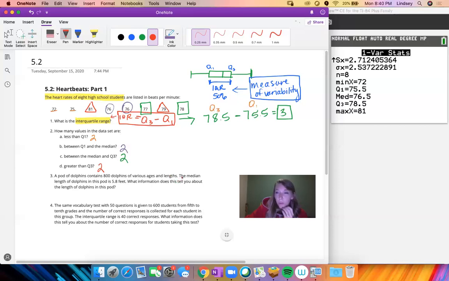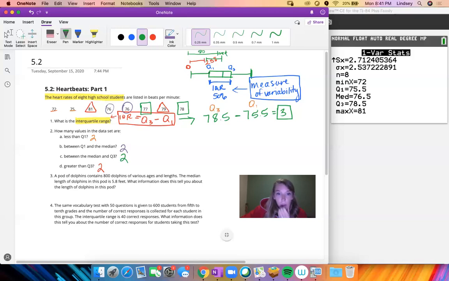We've talked about this a little bit before in past lessons. What they're trying to get you to see in that question is that from our minimum, which is 0, to our Q1 is showing us 25% of the data. Then we're seeing another 25% when we get to our median, for a total of 50% from our minimum to our median.